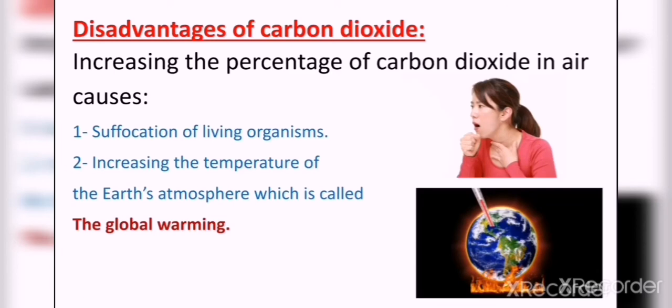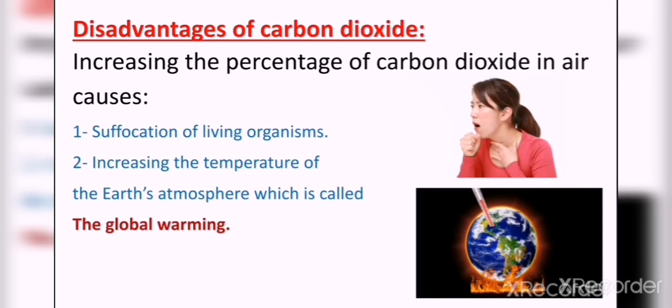So the living organisms can suffer from suffocation or difficulty in breathing. And number two, increasing the temperature of the Earth's atmosphere, which is called global warming.